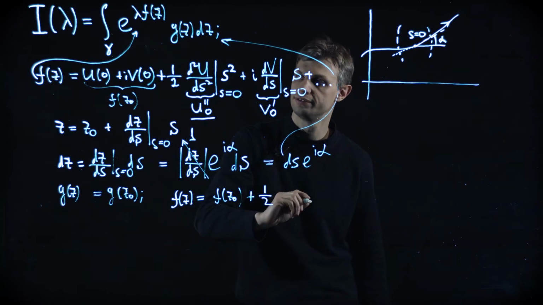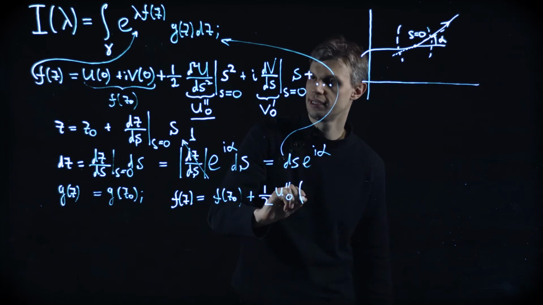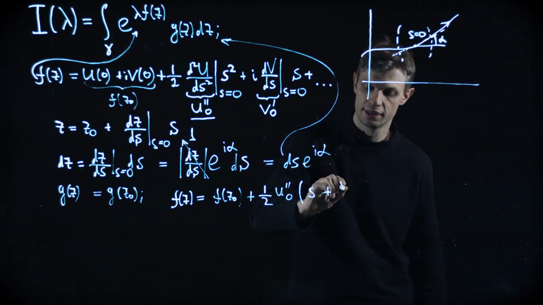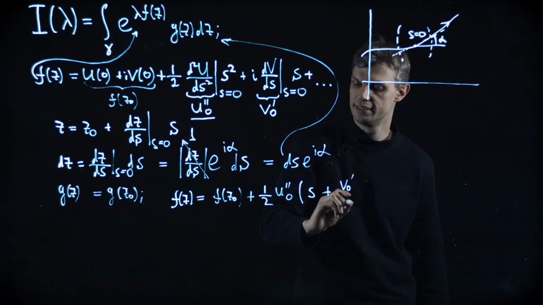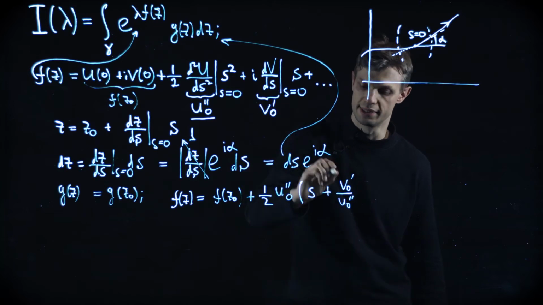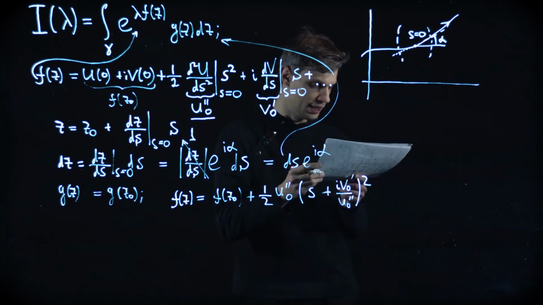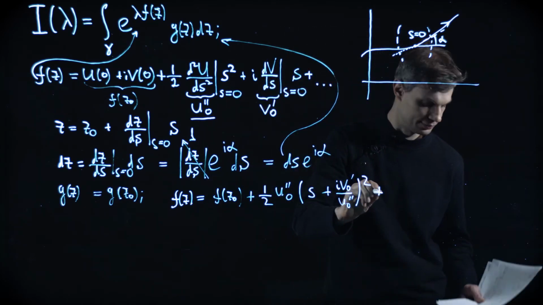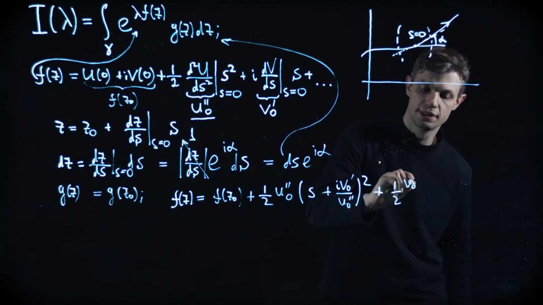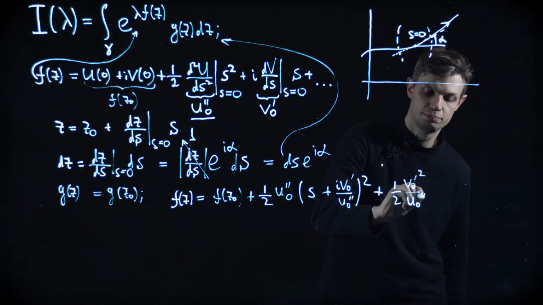So it's one half u prime prime naught, and then, okay, let's see, it's s plus i v prime naught divided by u prime prime naught, squared, and plus one half v prime naught squared divided by u prime prime naught.